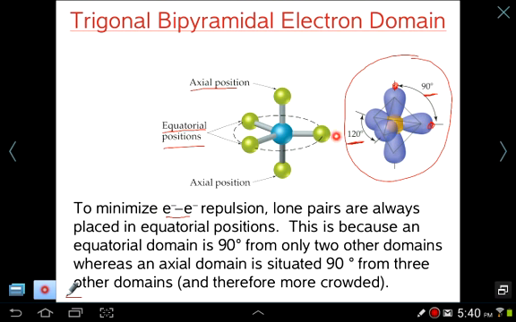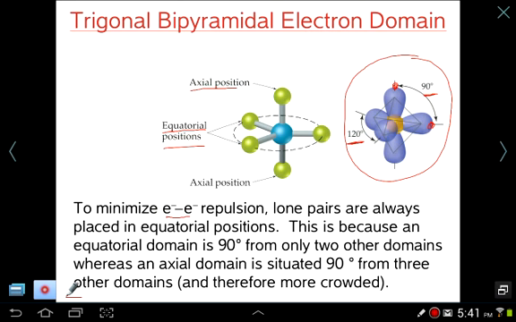One of the central or equatorial positions is close to, again, 3, but this guy here, further apart, and 2 of these are a little closer. But the idea is the electron pair that's empty will go in the position that's further away from everything, and that in this case is an equatorial position.